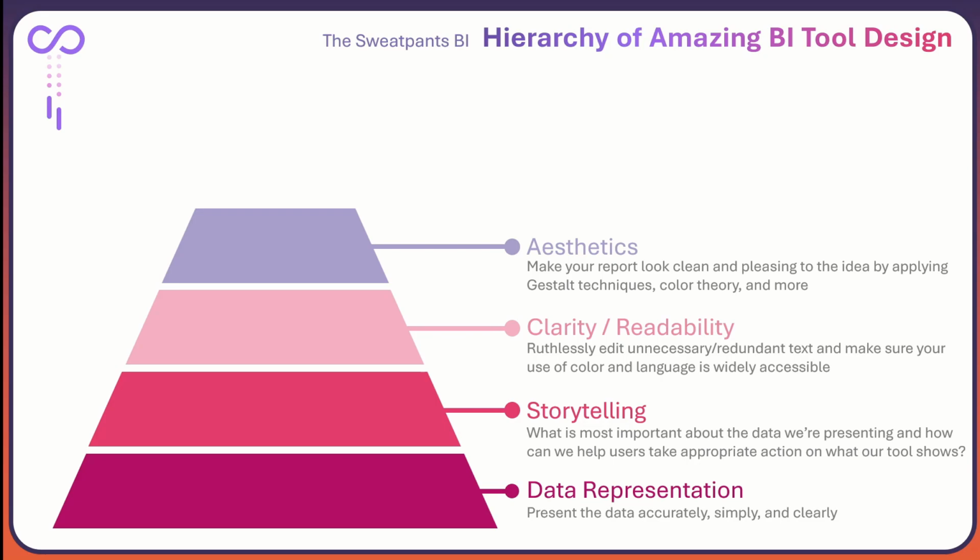Aesthetics is the concept of making a report look clean and pleasing to the eye by applying things like gestalt techniques, making sure that all of your visuals are evenly spaced out, that there's room to breathe, that there's not a whole lot of just empty white space in your reports, that you're not using garish colors. The concept of aesthetics here is just designing BI tools that look very clean, that look like everything is there for a purpose and a reason.